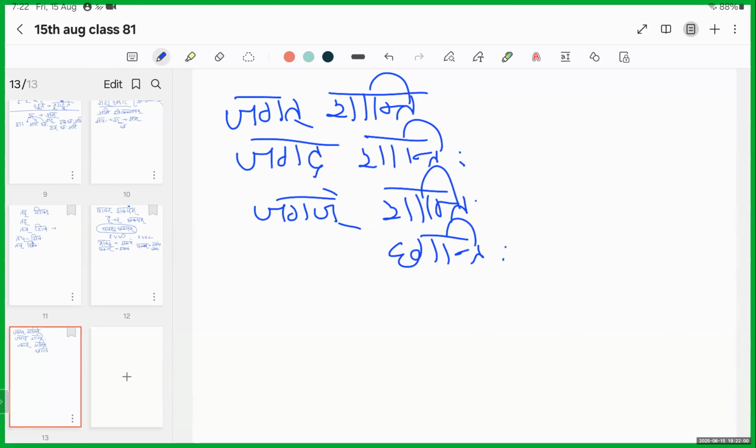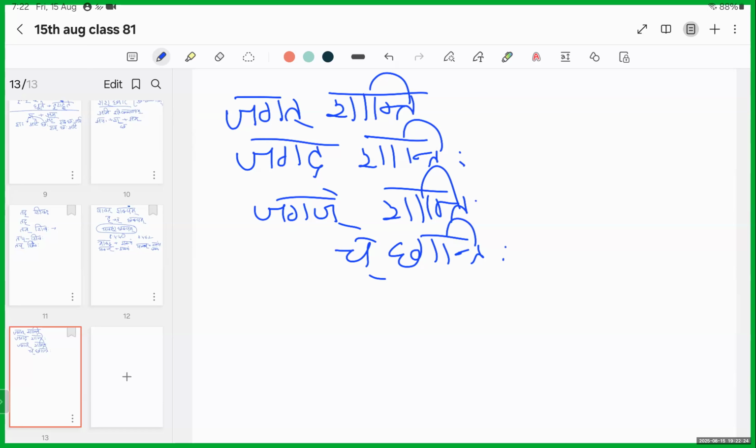Jagat Shanti and it becomes Chakara. Kharicha. Finally, you won't leave it there. So it will become either Jagat Shantihi or Jagat Shanti. Is that clear?